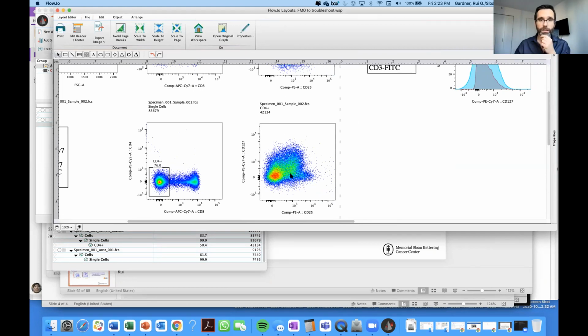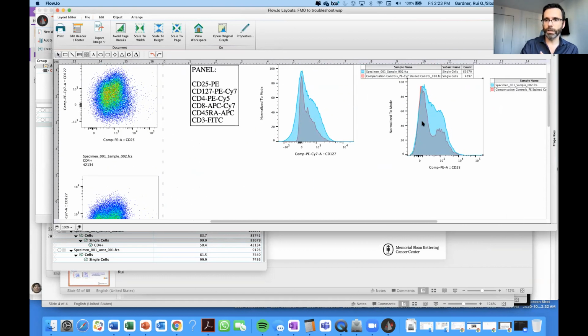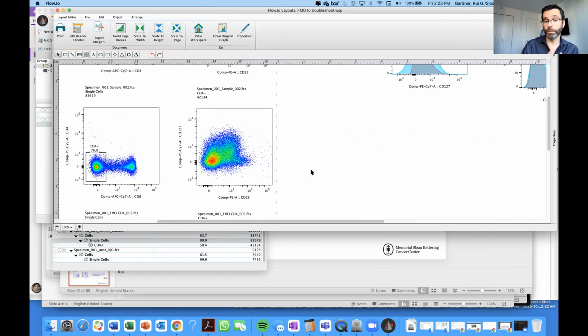So now we know that PE-Cy5 is not a good fluorochrome of choice because CD4 is co-expressed with CD25 and CD127. And so PE-Cy5 is definitely impacting the resolution in PE-Cy7, and actually, like I said, when I showed the strategy here, we're already seeing that there's also some impact on PE, and in fact, PE-Cy5 was also affecting the resolution of this population in the CD25 PE channel.